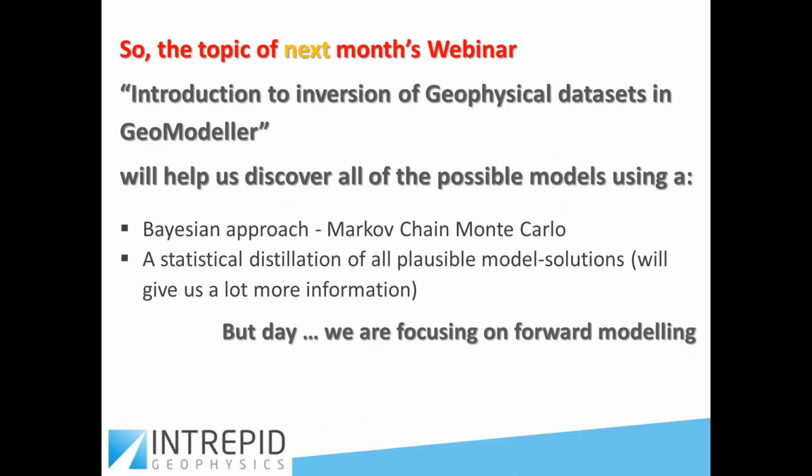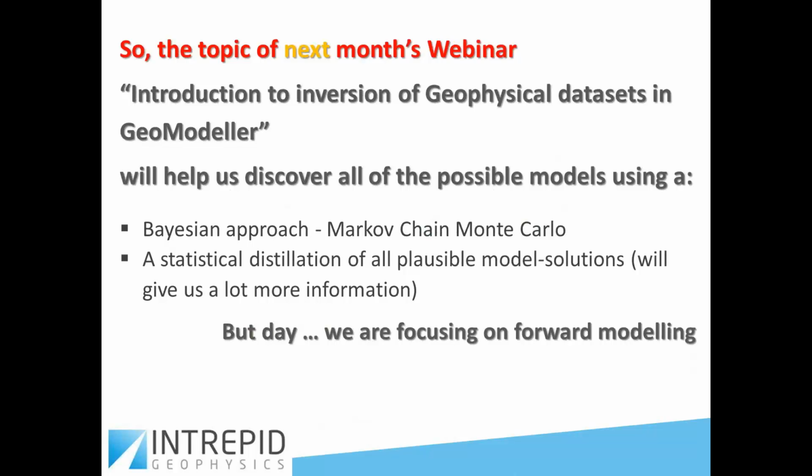So I introduce early the topic of next month's webinar, which will be Introduction to Inversion of Geophysical Datasets in GeoModeller. I will explain how we can discover all of the possible models using our GeoModeller style of inversion, which is a Bayesian approach employing a Markov chain Monte Carlo series of simulations.